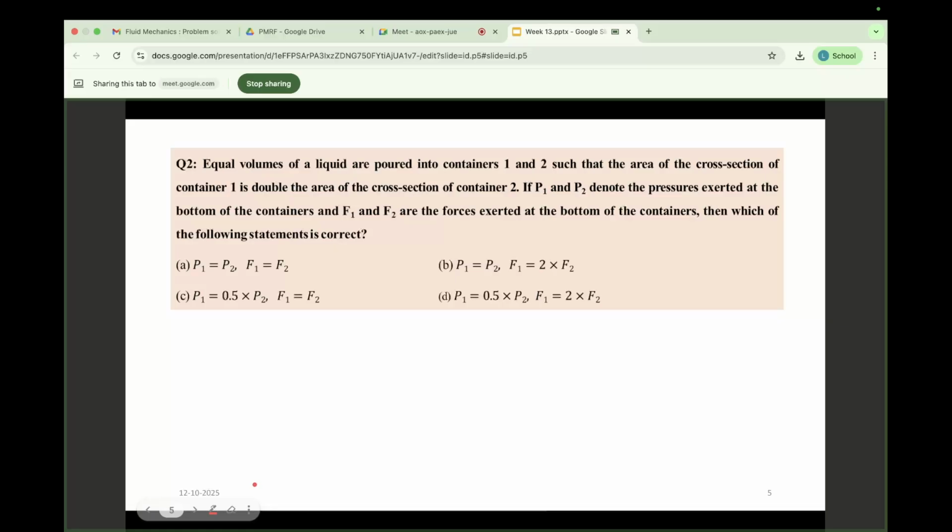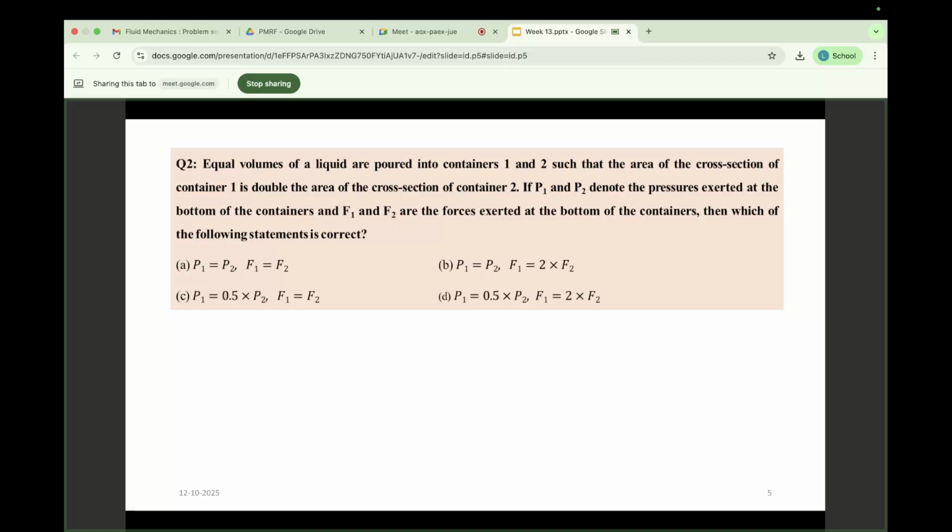So this is the first question. I am giving you 2 minutes to solve this one. Here there are two containers of equal volume with variation in cross section. One is double the other.